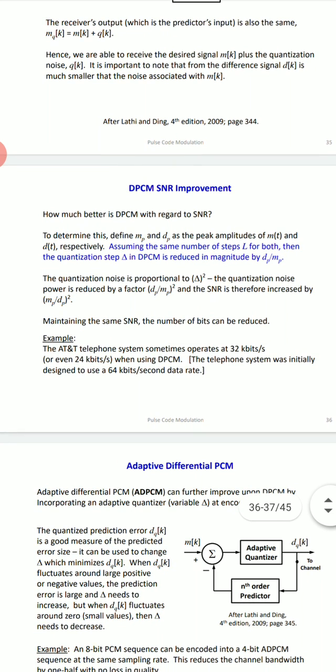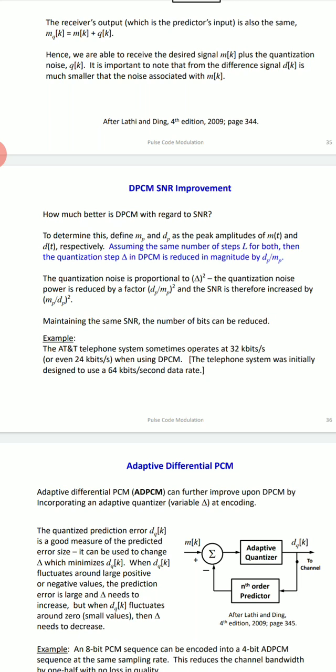To determine this, we define mp and dp as the peak amplitudes of the original signal m(t) and the differential signal d(t). Assuming the same number of levels L for both, the quantization step, denoted by delta, in DPCM is reduced by the ratio dp by mp, because instead of the sample signal we are transmitting the difference.